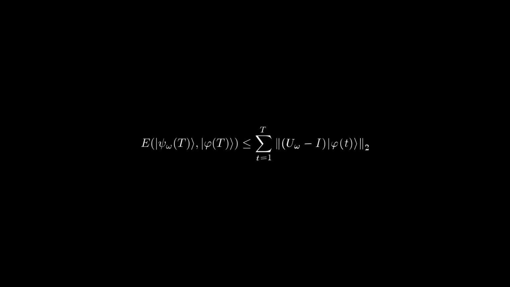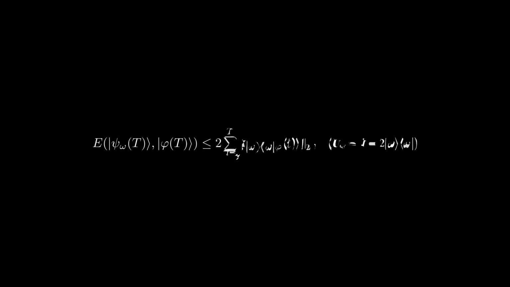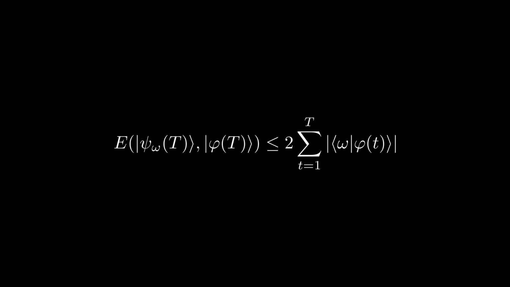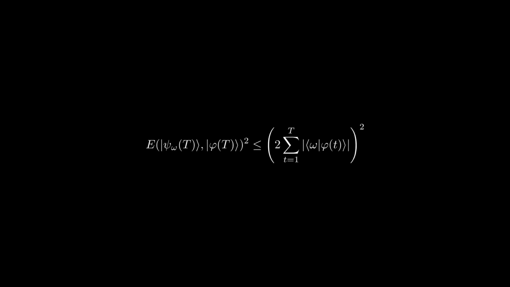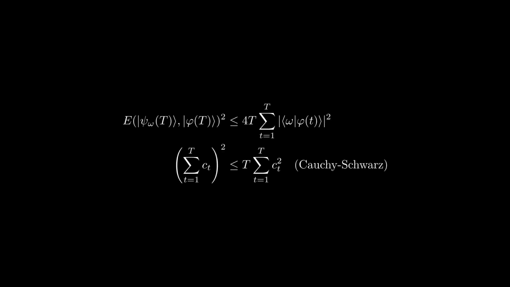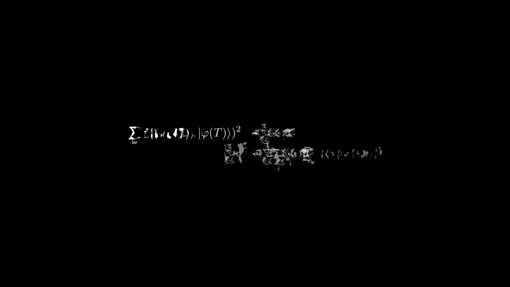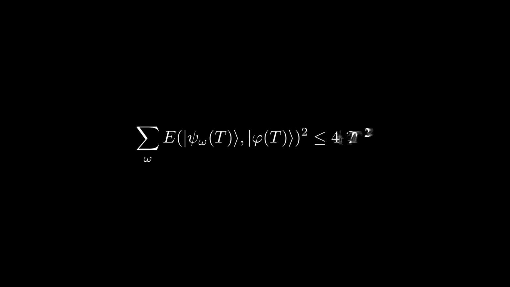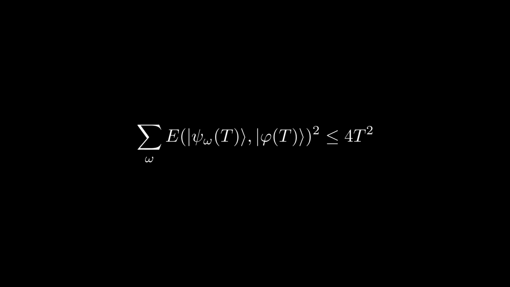Using the fact that U omega acts identically to I except on omega, we have that the right-hand side can be written in terms of inner products of omega and phi t as follows. Using the Cauchy-Schwarz inequality, we can upper bound the square of the sum by the sum of squares times T. Furthermore, if we get a global bound by just summing over all omegas, we arrive at this clean upper bound of 4T squared.